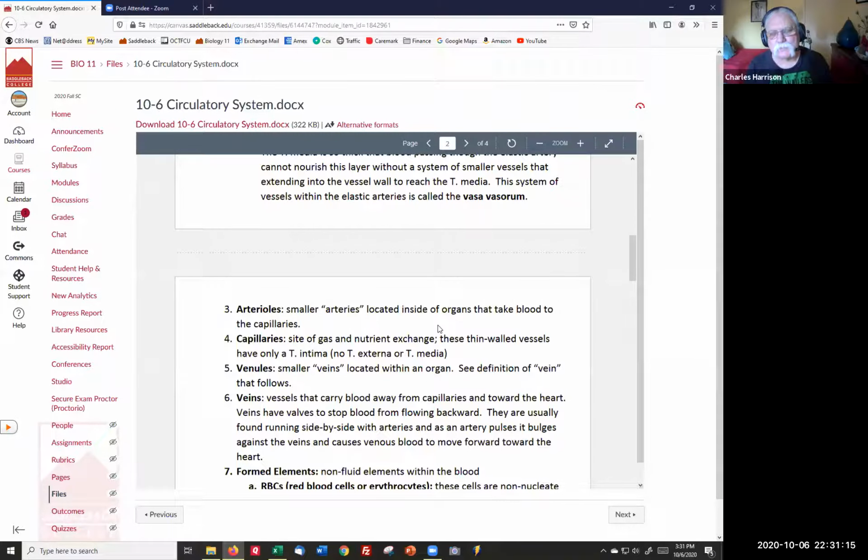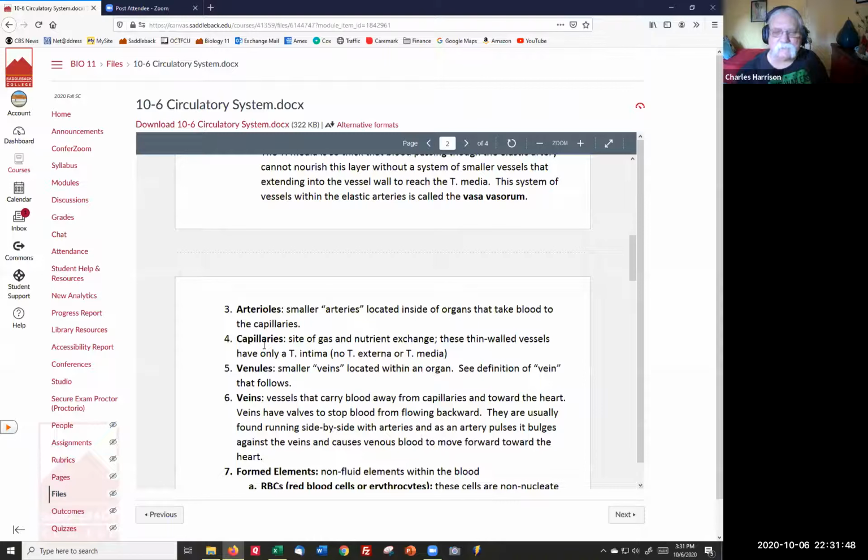But once the renal artery penetrates the kidney, then the vessels inside are properly called arterioles until they reach capillaries, and then their name will change. Arterioles then basically are inside of organs. Capillaries are the site of gas and nutrient exchange.